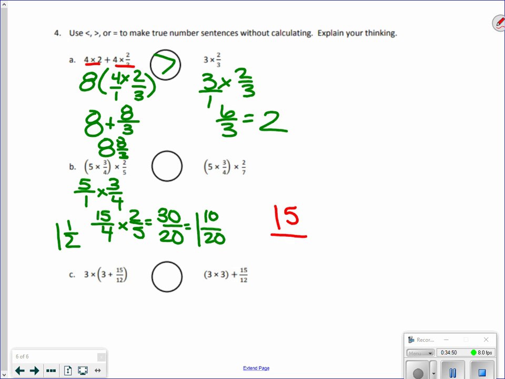If I had done the cross-simplifying, I could have done both ways. So I could do this way. 5 goes into 15. 5 goes into 5 once. 5 goes into 15 3 times. I could go that way. And I can go this way.